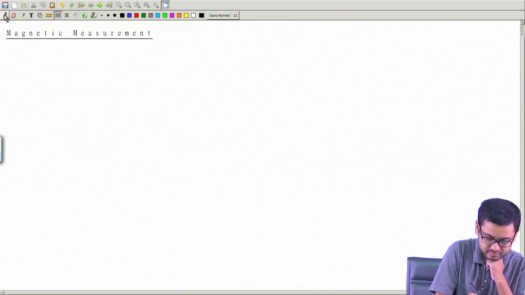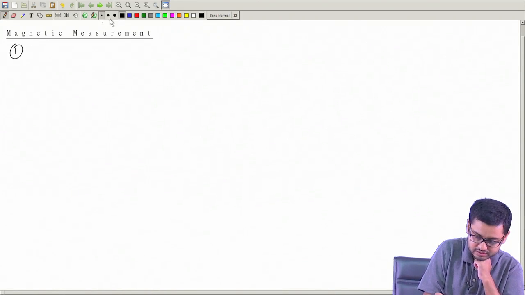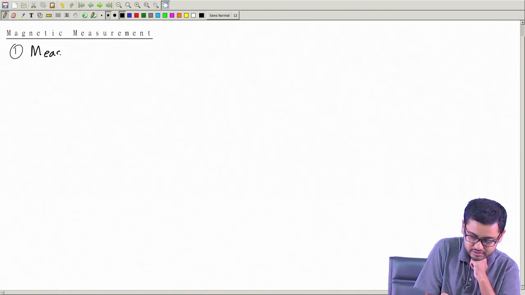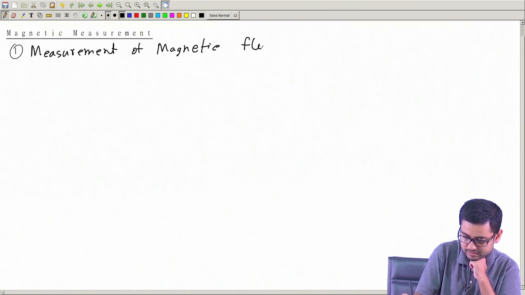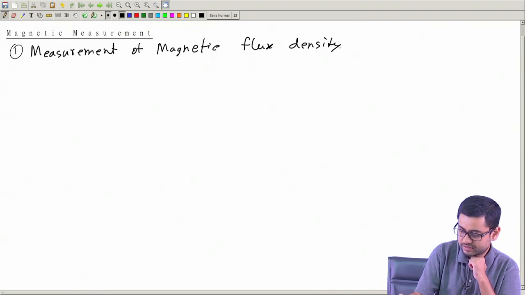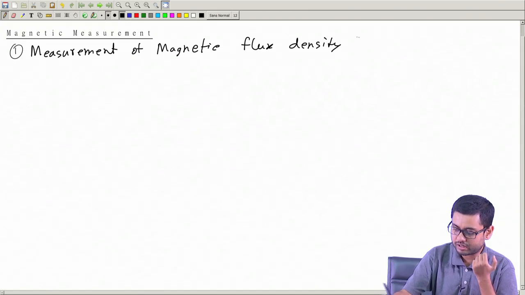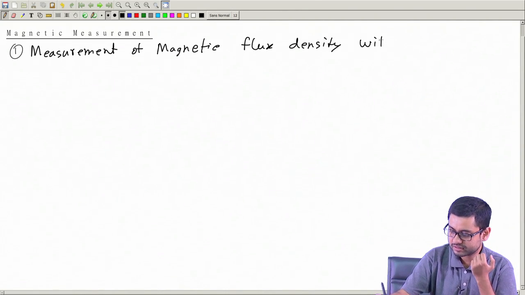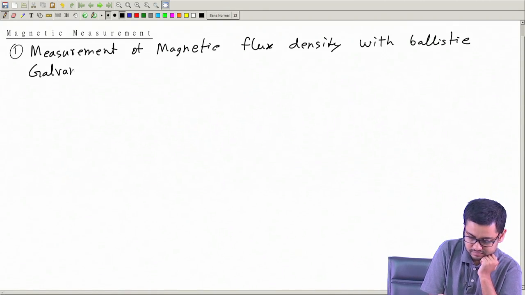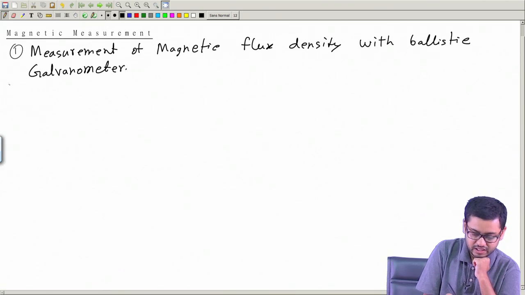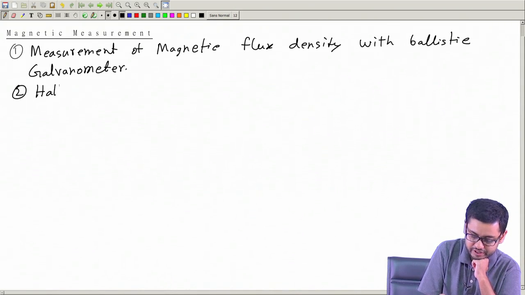One is measurement of magnetic flux density in a core with a ballistic galvanometer, and the second thing we will study is a Hall effect sensor.